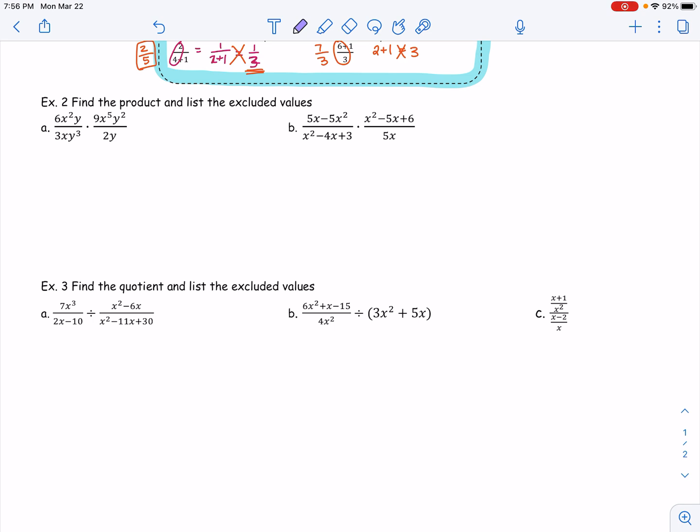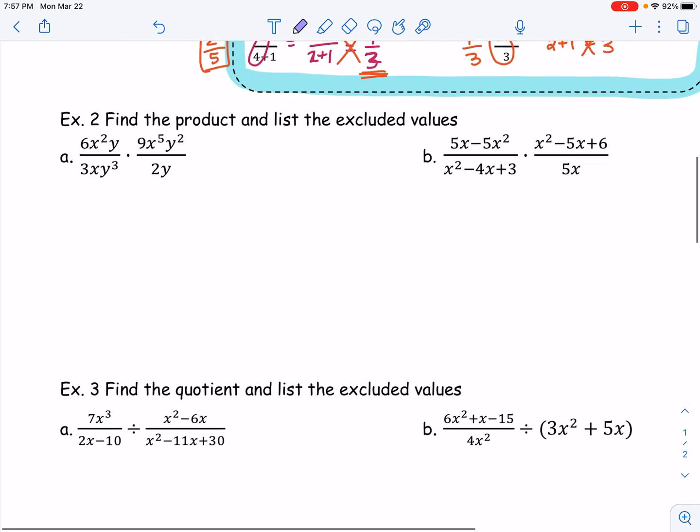I would always try to factor first, see if anything cancels, and then multiply top, top, bottom, bottom. In A, technically this is already factored. We're dealing with 2 different variables. So I'm going to multiply straight across and then do some simplifying. And in the second one, because it's factorable, we'll factor first, see if anything cancels out, and then multiply, just to show you the difference.